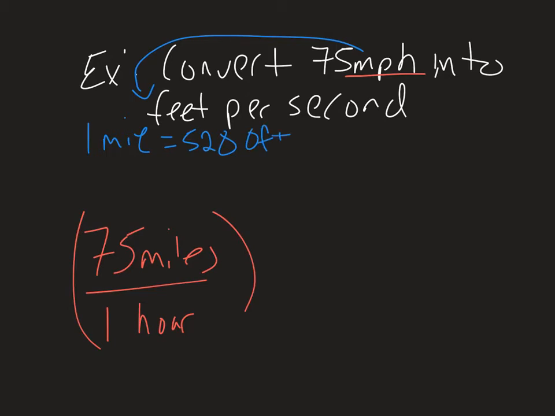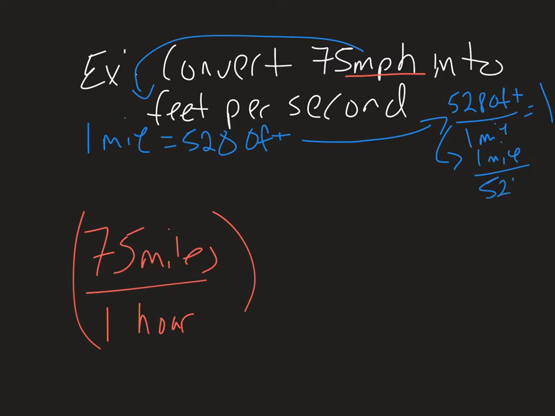And I can also say, if I think about it in terms of a ratio, 5,280 feet divided by 1 mile is 1. And I could say the same thing of the reciprocal of that rate. So 1 mile is 5,280 feet.